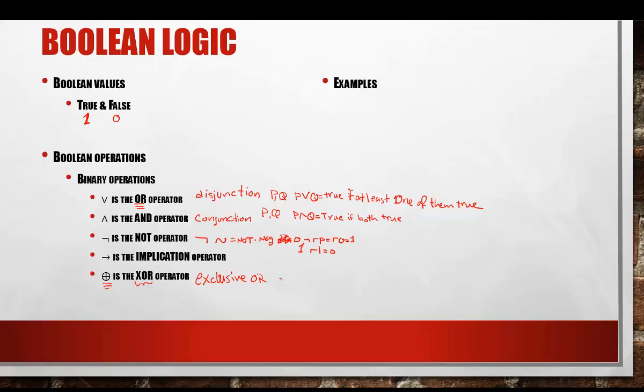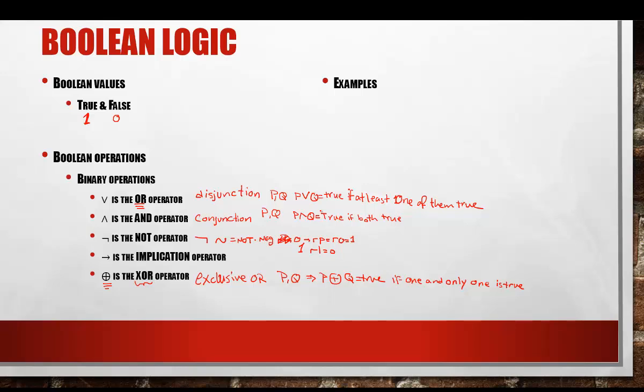If you have P and Q, P XOR Q is true if one and only one of them is true. Notice with OR, it could be true if both of them were true. But with exclusive OR, and that's why we call it exclusive OR, it excludes the case that both are true.